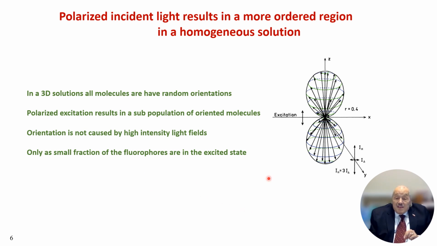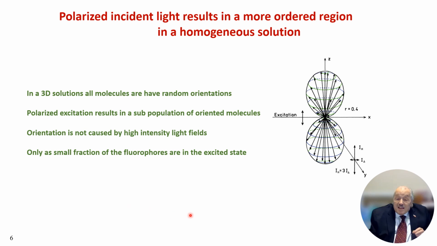Here, the anisotropy is a transient one. It's introduced by the polarized light field, and it's only a subpopulation of the molecules that are ever excited. This is true in just about all fluorescence experiments, unless you use enormous intensities of light. And the orientation is not caused by high intensity light fields polarized along the z direction.